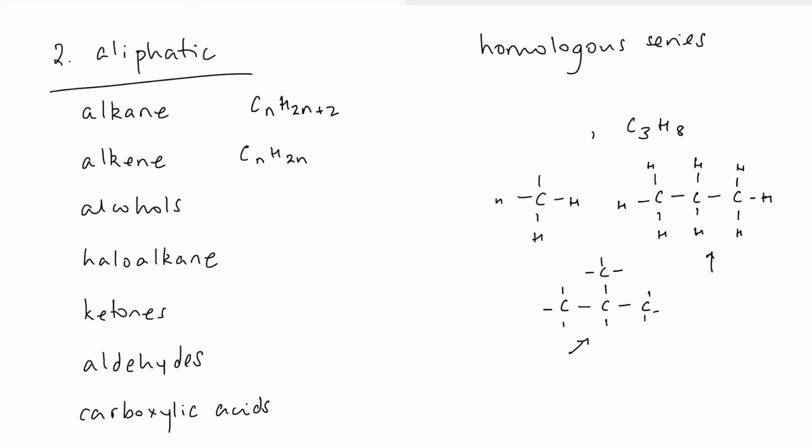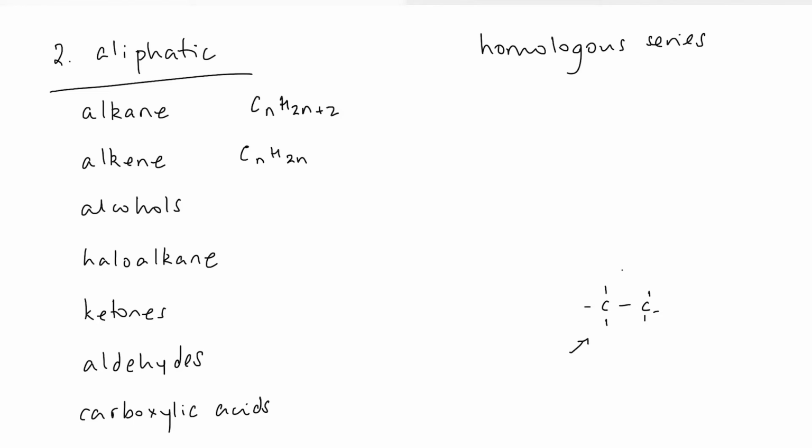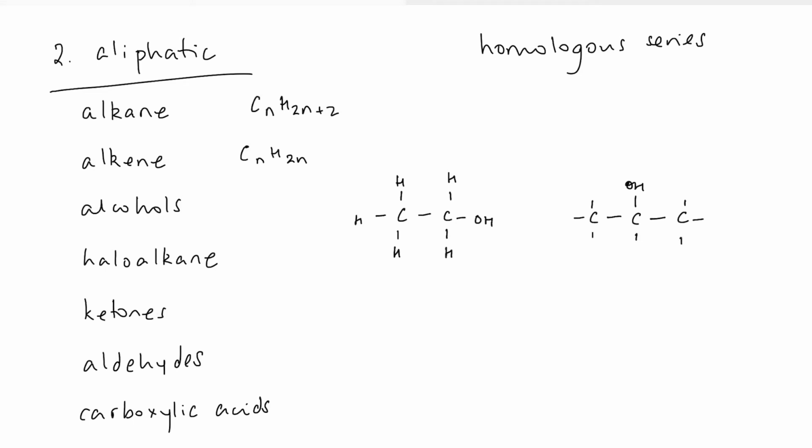Next up we have alcohols. Alcohols have a functional group which consists of OH or hydroxyl. So ones that we might have met before are ethanol. So looks like so, and the functional group there is the OH. You need to be careful when drawing some of these out. So for example, if I were to draw out propanol, but my OH group was in the middle, this is commonly seen.